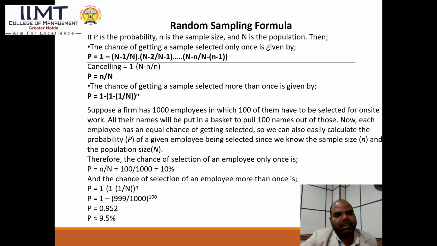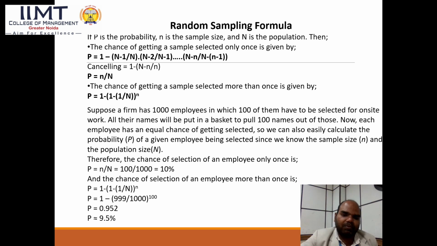Suppose a firm has 1000 employees, of which 100 have to be selected for on-site work. All their names will be put in a basket and 100 names pulled out. Now each employee has an equal chance of getting selected.